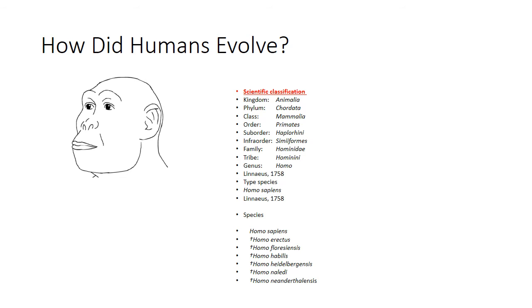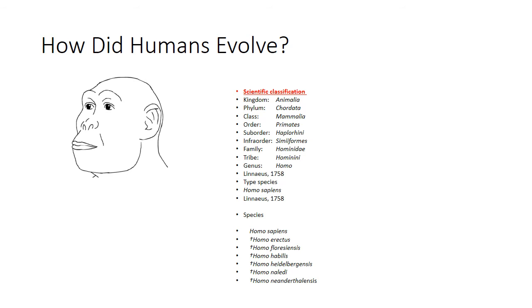Then class, Mammalia. Order, primates. See, class Mammalia includes dolphins, bears, lions, opossums, a huge variety of creatures. But there is one distinct order which is called primates.